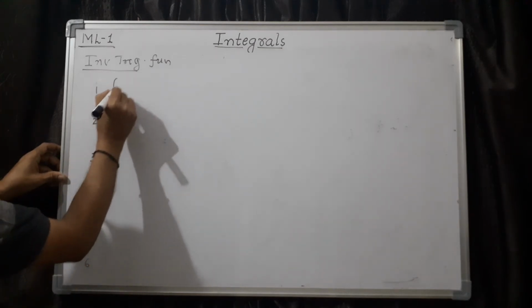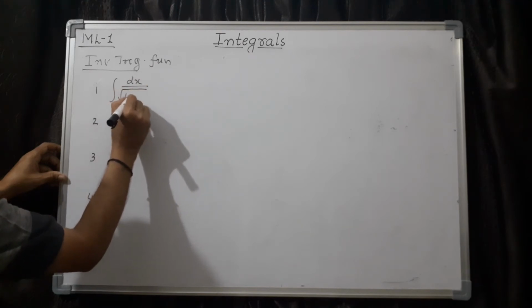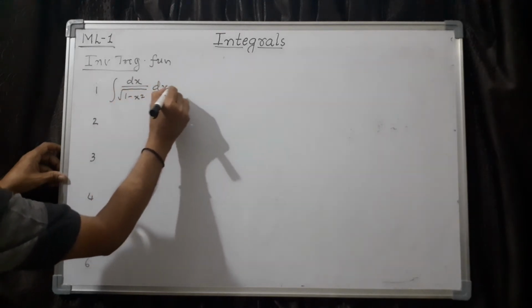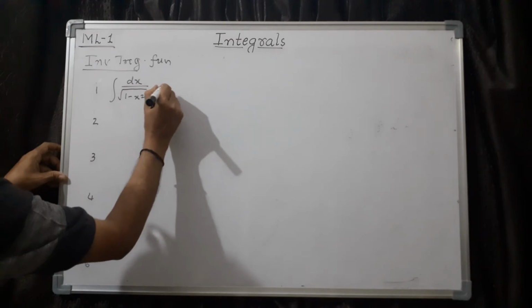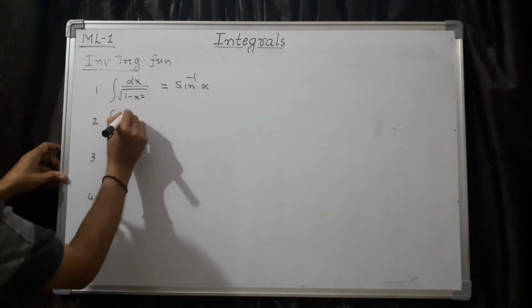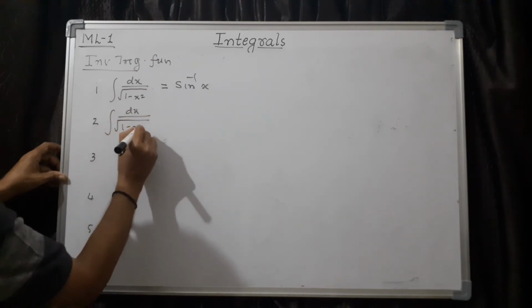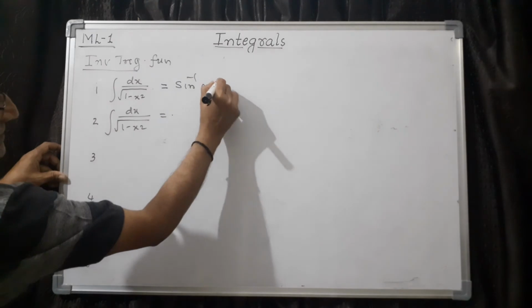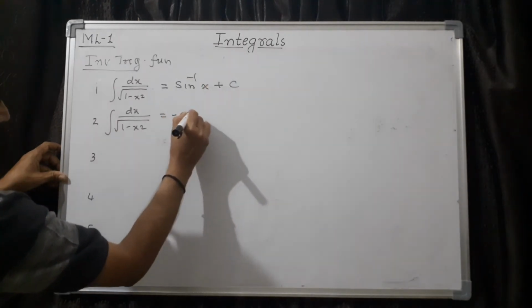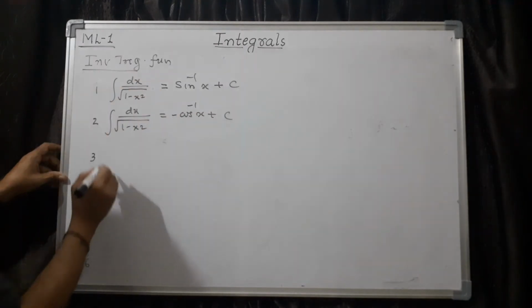First one is the integration of dx by square root of 1 minus x square, this is sin inverse x. And the same thing, dx by square root of 1 minus x square, can be, of course, with c added, minus cos inverse x plus c. This is also correct.